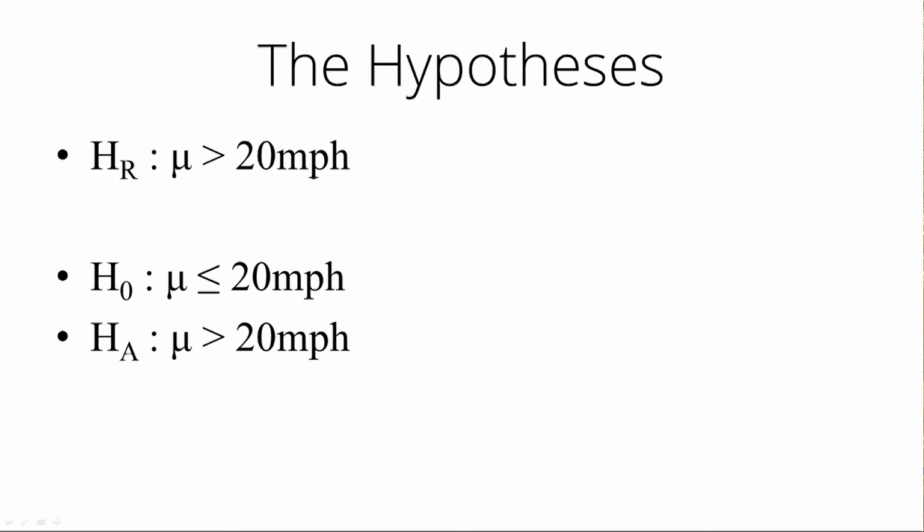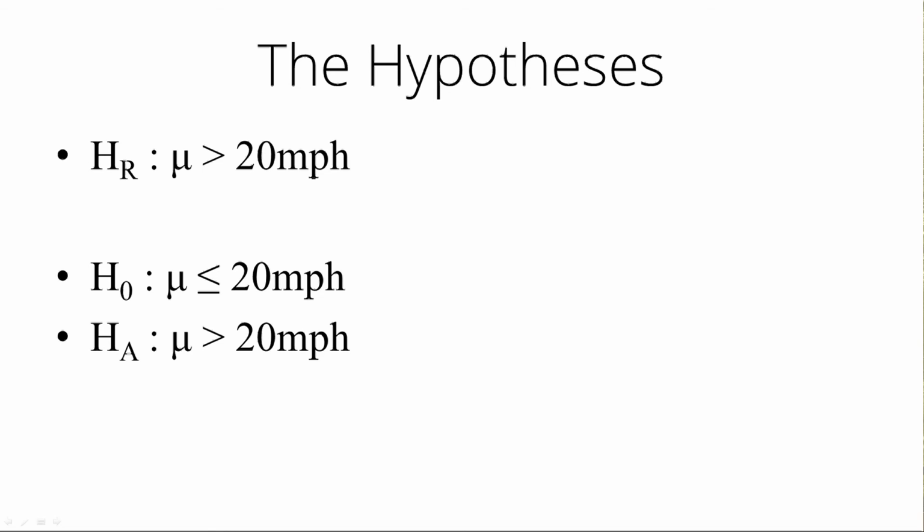We as statisticians have to create a null hypothesis and the associated alternative hypothesis. If the research hypothesis is greater than, notice that it has no equal part to it. It has to be the alternative hypothesis, because only the null hypothesis has an equals part to it. A greater than or equal to, a less than or equal to, or just plain old equal to.